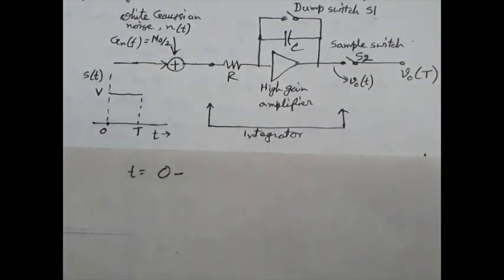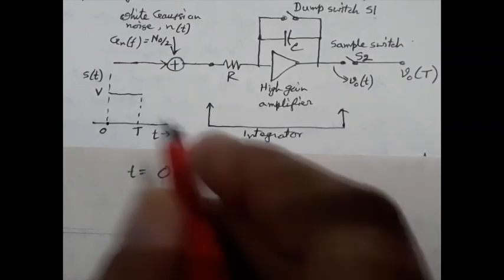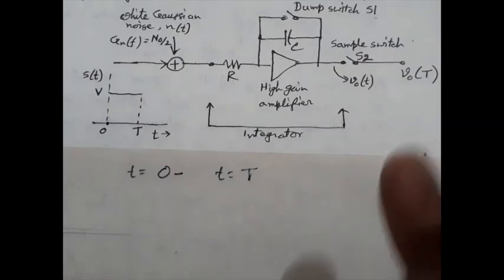The sample is taken at the end of the bit interval, at time t equal to capital T, at the end of the bit period. The signal processing is described by the phrase integrate and dump, referring to the abrupt discharge of the capacitor after each sampling. That is why it is called dump actually.